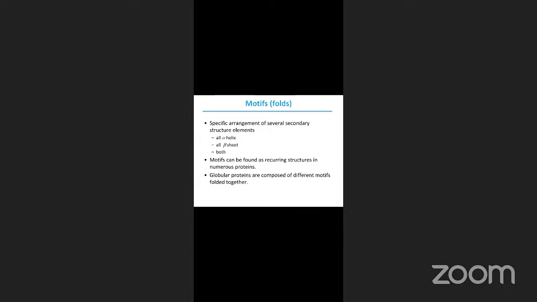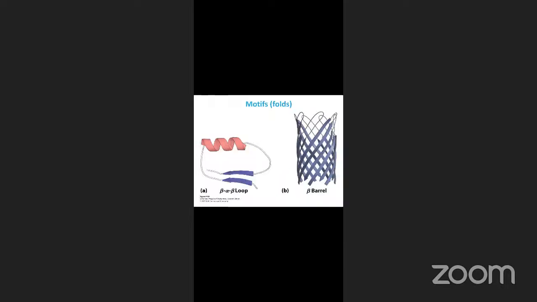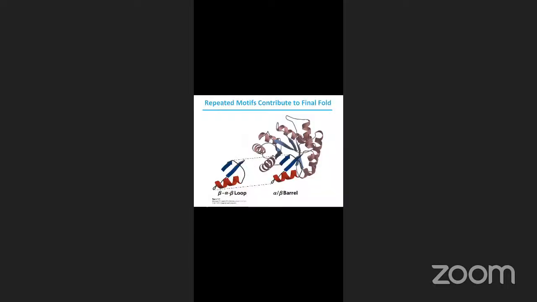So these motifs are recurring structures. Usually in globular proteins, you will have small motifs. If the protein is about 100 amino acids, some 5 amino acids will form a motif. Like that, we can have many motifs within the same protein. Examples of motifs: beta barrel, beta alpha beta, beta loop, like small secondary structures which are formed.